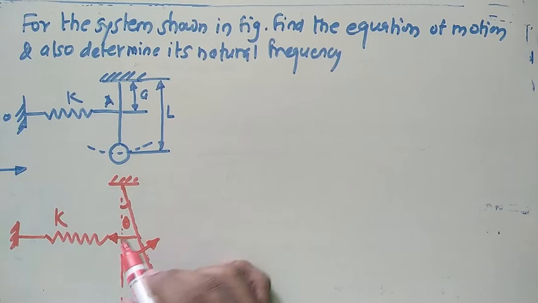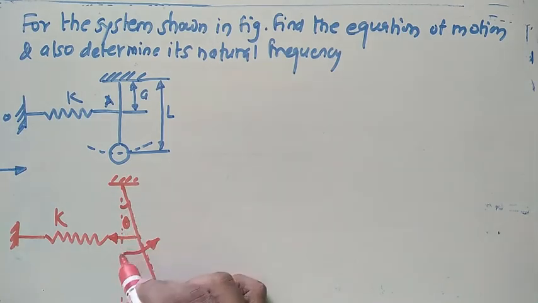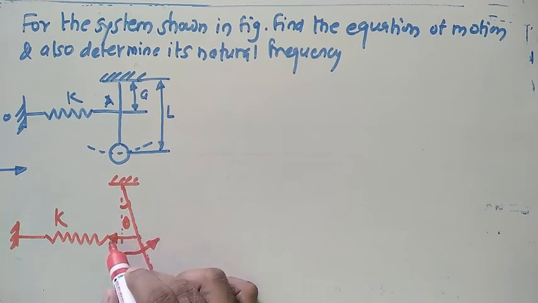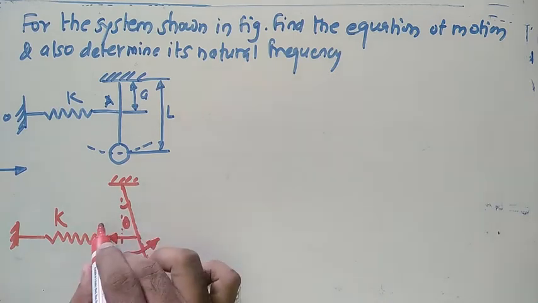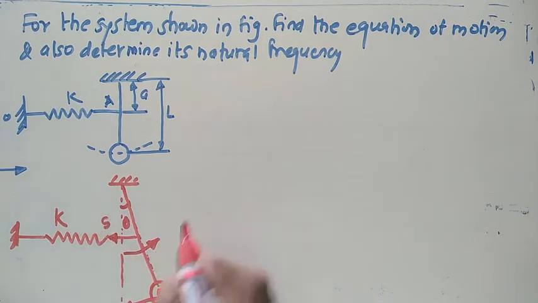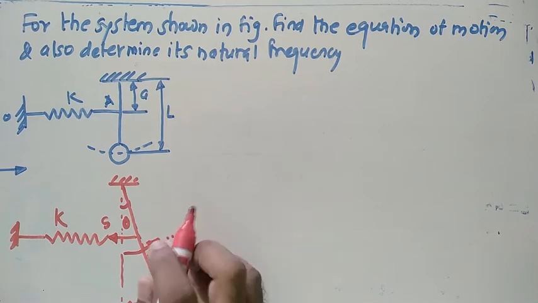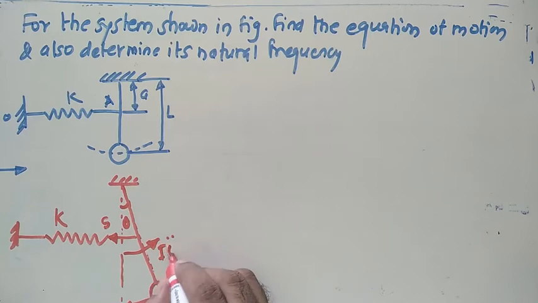The tendency of the pendulum is to move towards this side, while the spring offers a restoring force in the opposite direction. I'll just consider this force as S. This is nothing but the accelerating force that comes in the direction of motion of that pendulum.